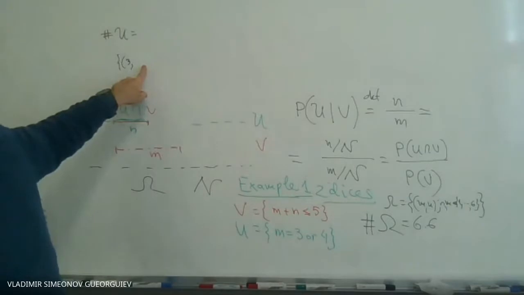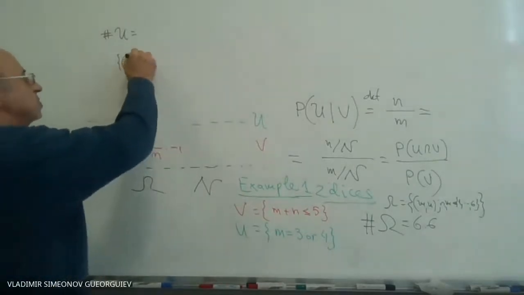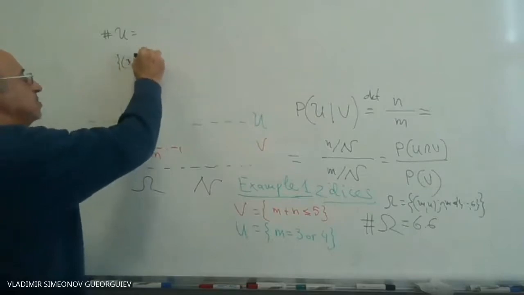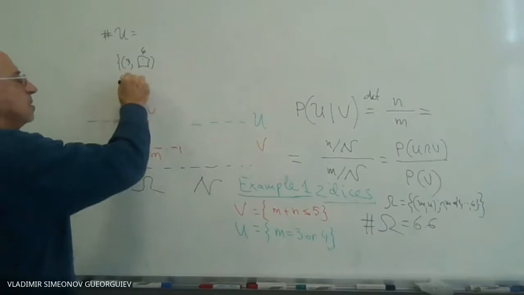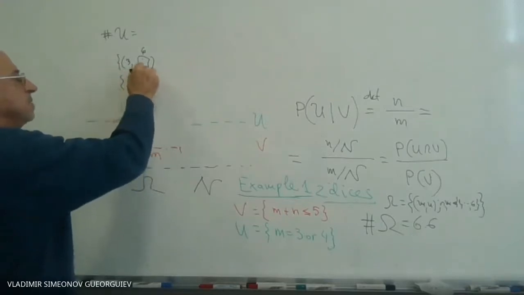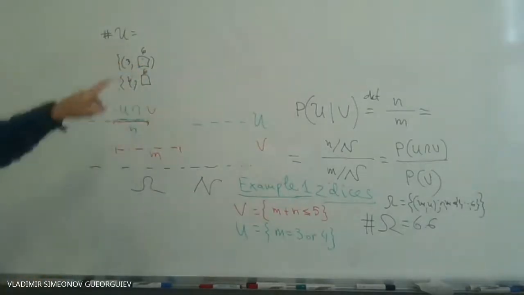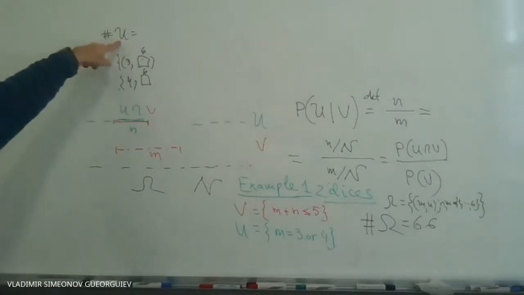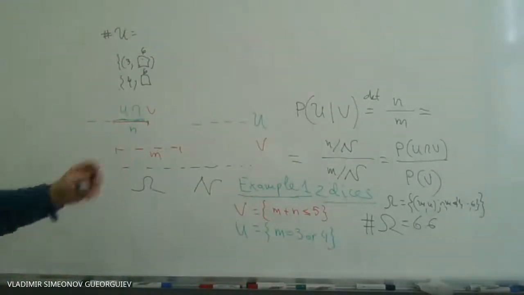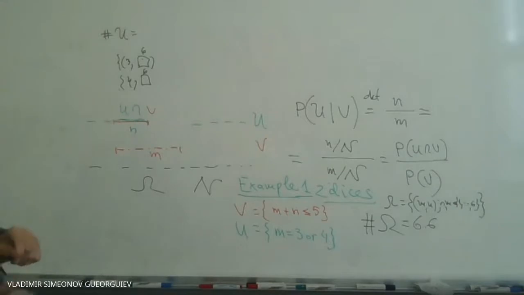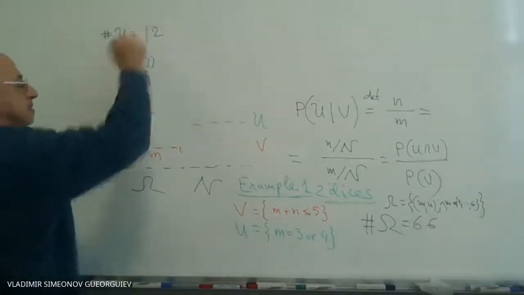For the second choice, we have 6 possibilities. And then the other possibility is 4, so here we have another 6 possibilities. Totally, if M is 3 or 4, the whole number of U is 12.